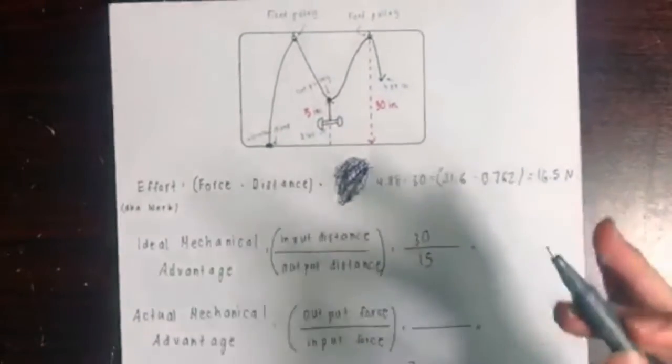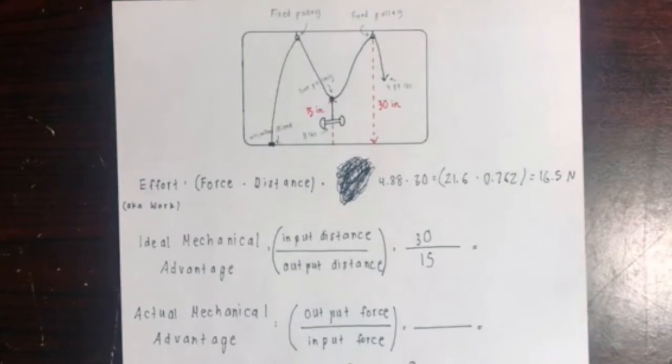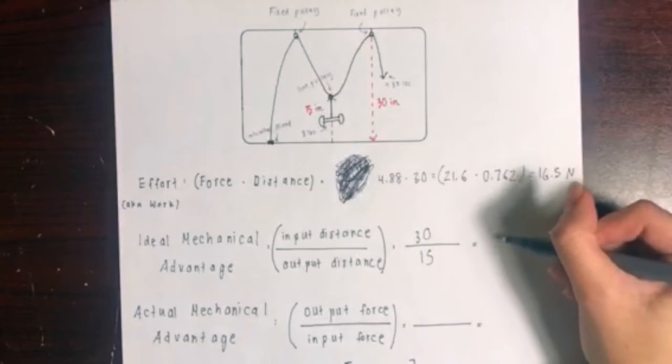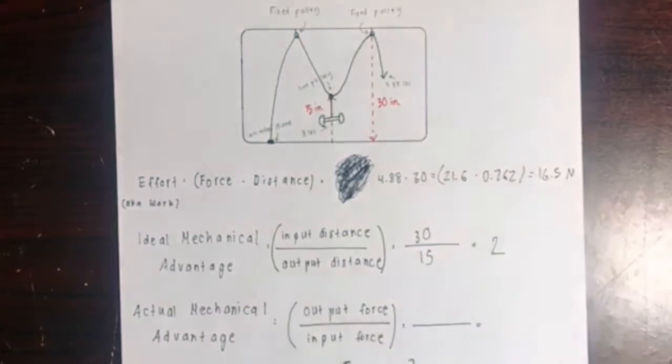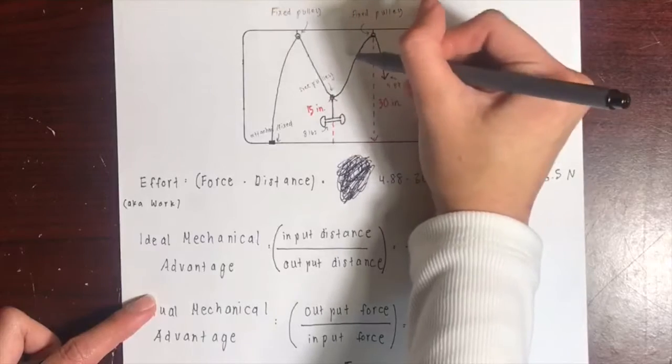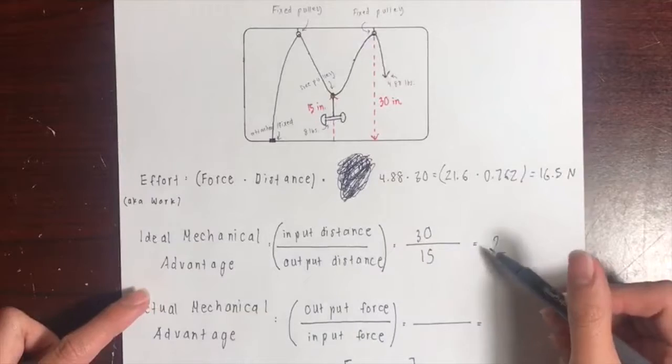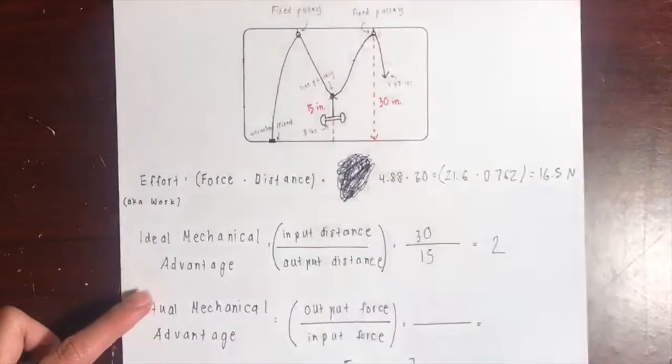So in an ideal world, where there's no friction and nothing that the energy we put in can be lost to, the ideal mechanical advantage would be 2. There's a tension here and there's a tension here, even though we're just putting in one tension. So the ideal mechanical advantage follows our system.